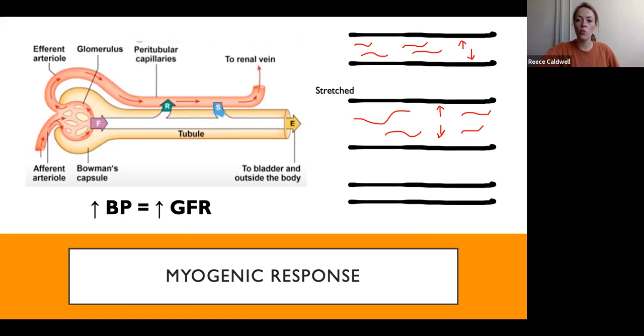And when they stretch, what we see is the opening of mechanogated calcium channels. And this causes an influx of calcium into the vessel walls. So once those vessels are stretched due to an increase in blood flow, we open these mechanogated calcium channels. Calcium flows into the cell.